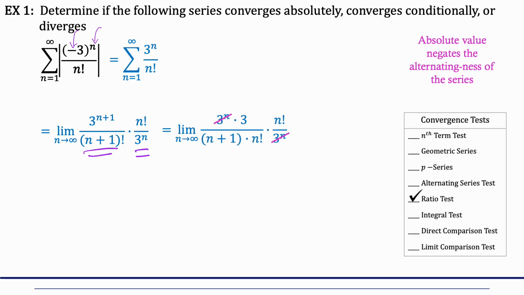And we're going to cancel out some stuff. And as n goes to infinity, we get 0, which is less than 1. So the series converges without alternating, which means it's for sure going to converge if we add back in the alternatingness of it. Therefore, we'd say that this series converges absolutely.